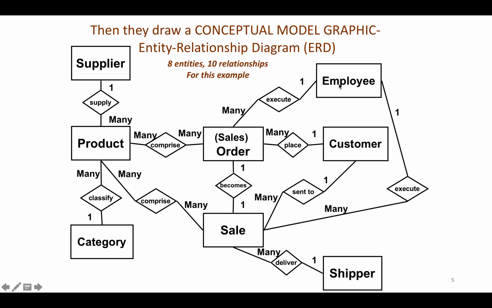So they can be people, like employees or customers, or suppliers or shippers, or they can be the things that we're trying to sell, such as products. Our products in our database are put into categories such as beverages or food or things like that. Other entities on our diagram, like order and sale, are transactions that we want to record things about.